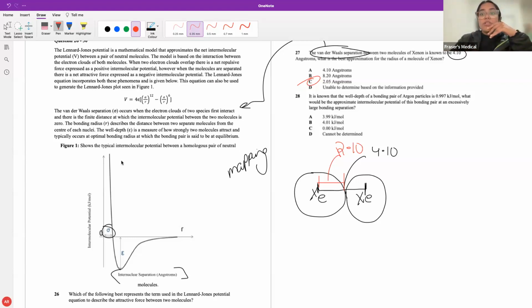Possibly another way of just getting to the answer. This is probably the quickest way, without even doing all this mumbo jumbo. Just look at the options. Let the options guide you.